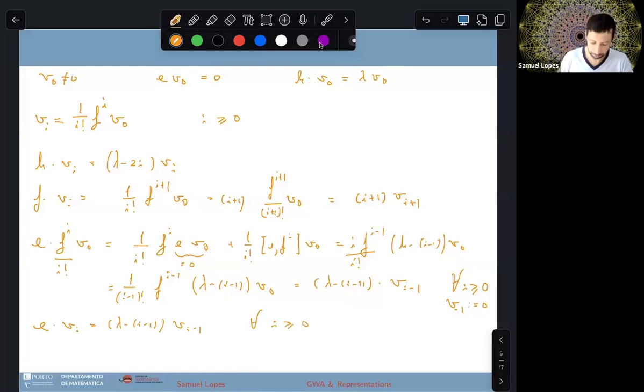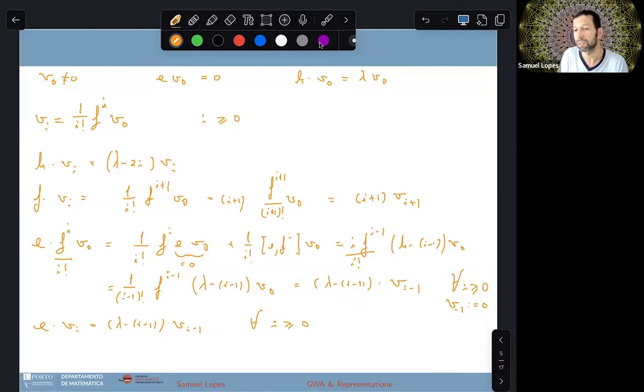Remember the argument that I used before, that at some point these vectors must be 0 because all the Vi have distinct eigenvalues. So V0 has eigenvalue lambda, V1 has eigenvalue lambda minus 2, V2 has eigenvalue lambda minus 4.